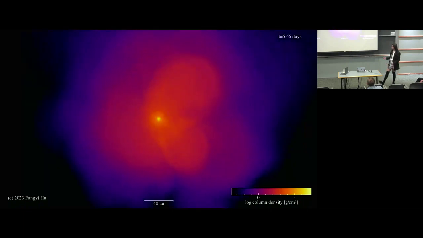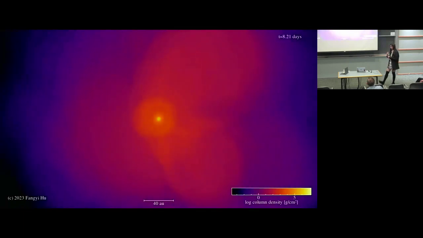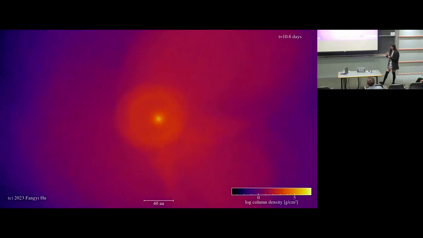So that's the outflow we, I guess, predicted, because I didn't really see many outflows from the simulations. And we see lots of outflows. And that's what's proposed to form those reprocessing layers.